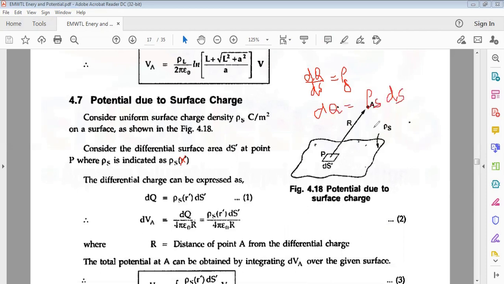Now, what is the potential at the point P?